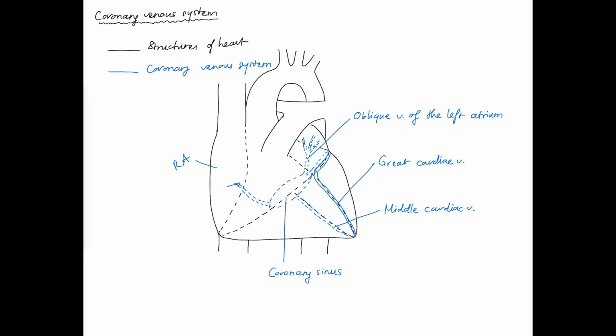All right, and now besides from the middle cardiac vein, you also have another vein from here. Okay, so this vein in this location is going to parallel the right marginal artery. Okay, and it's going to run within the right coronary sulcus, going back to the posterior surface of the heart over here, and eventually into the coronary sinus.